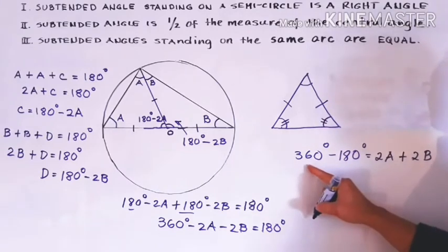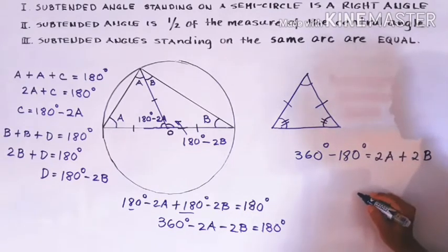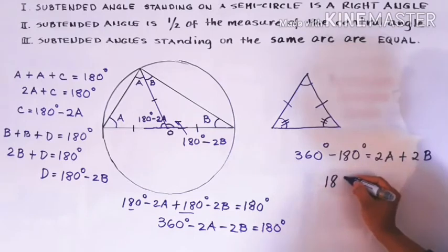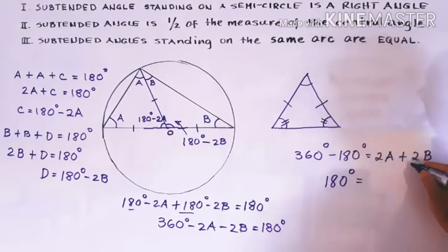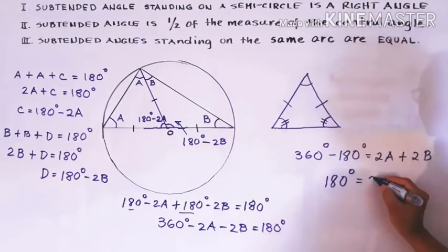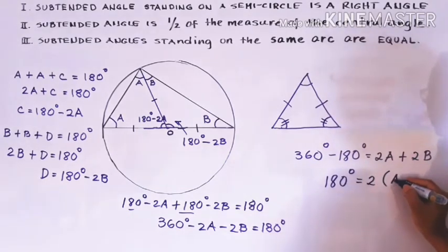Now 360 minus 180 degrees is 180 degrees, equal to 2A plus 2B. Can we factor it? We factor that as 2 times A plus B.